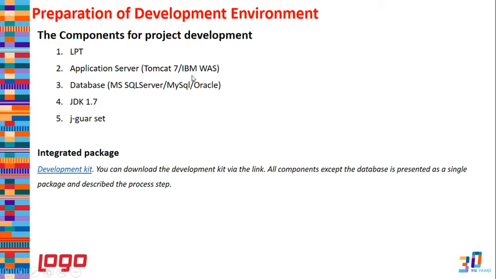You need a database, any database. As I told you, it is independent. You can use any database, Oracle, MySQL, or MS SQL. You need a JDK, latest version or 1.7 version, whatever you want, and a Jaguar set. This is the development kit, and we will be downloading this very soon.